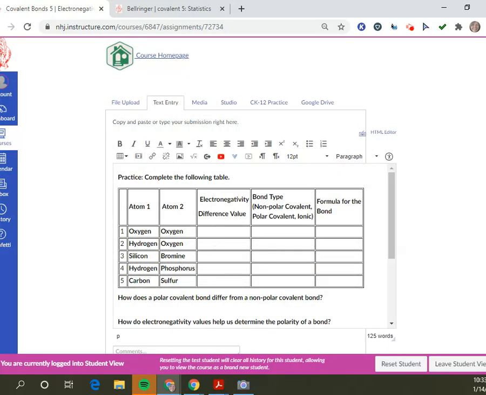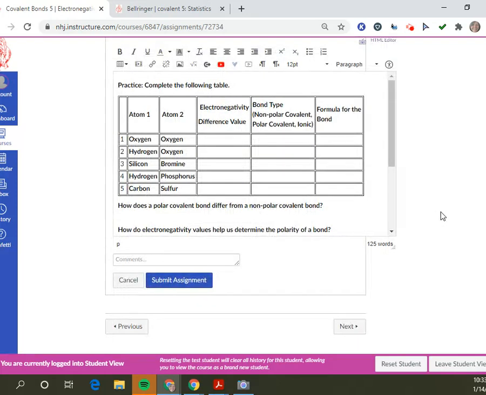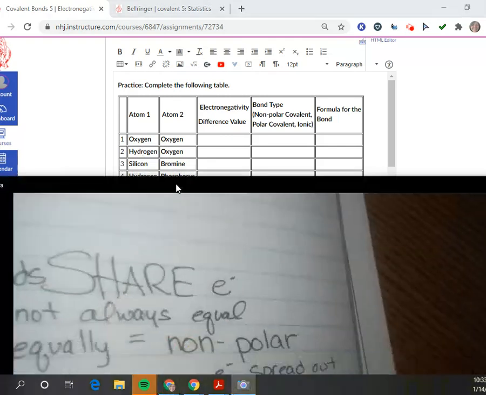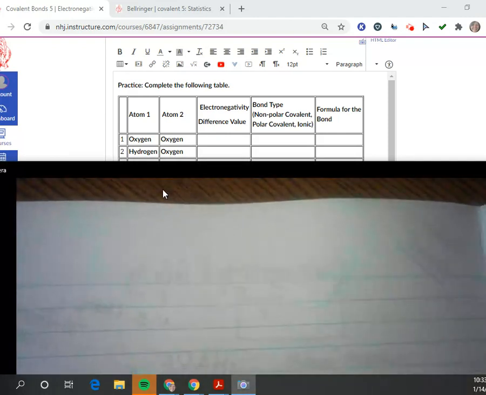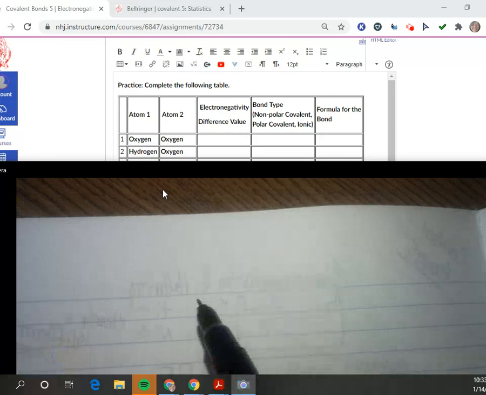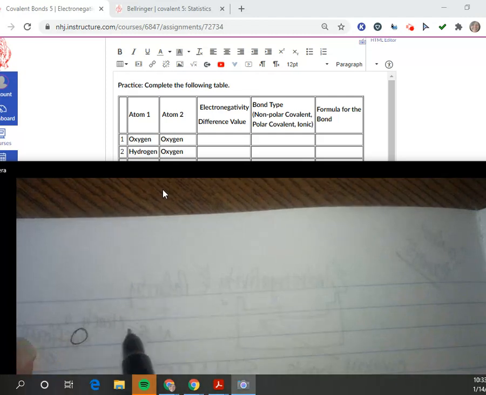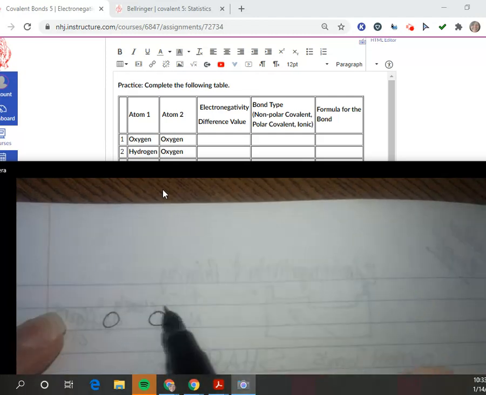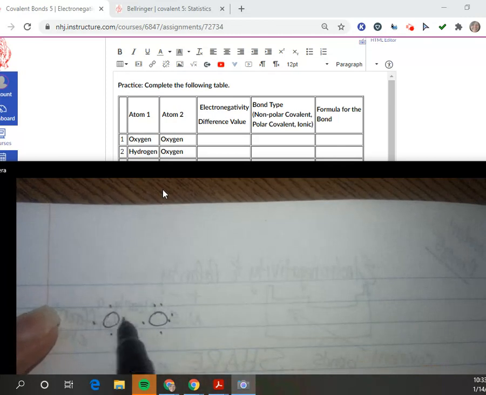And so let's do a couple of them as examples so that we can make sure we understand what we're doing. Okay. So I'm looking at this and I say, well, what on earth? All right. I'm going to use my notebook because it's right next to where my notes are. And so I look at the first problem. It says oxygen and oxygen. So if I consider those elements, they both have 6 valence electrons.